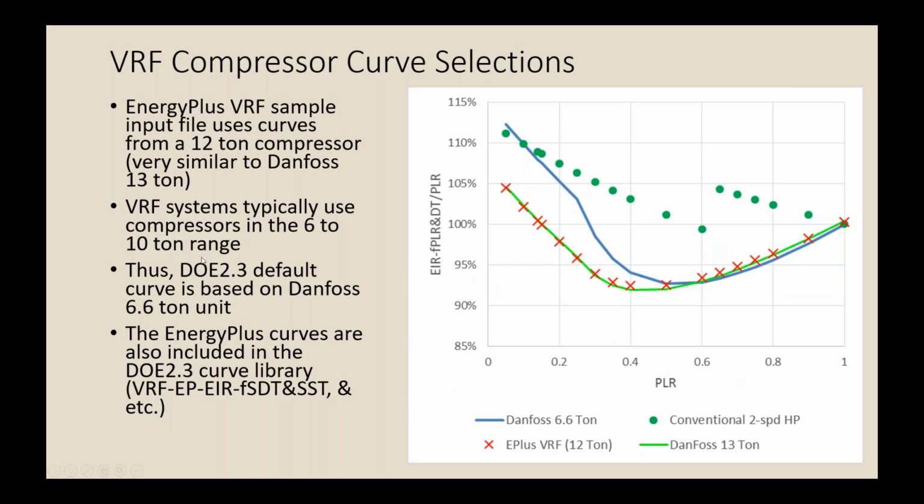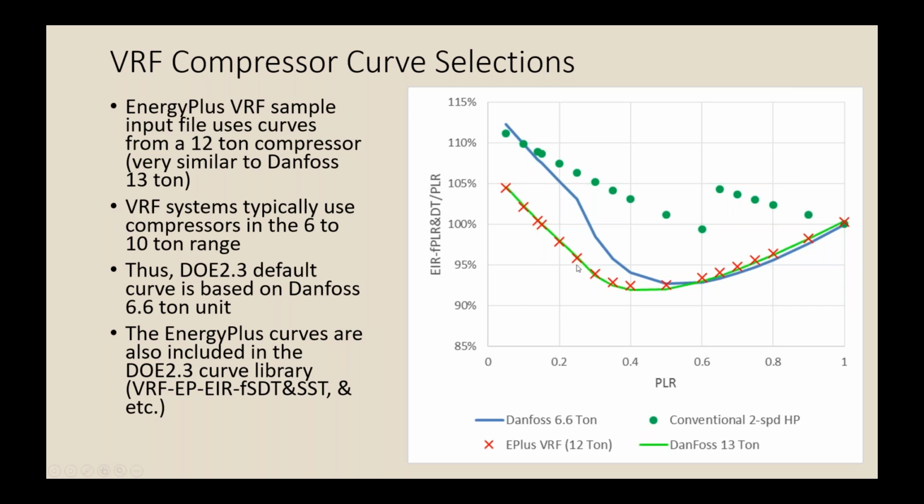This is looking at a couple of different compressor curves and also comparing to a cycling compressor in a two-speed heat pump. The cycling compressor in the two-speed heat pump is the dots. And then the red X's and the bright green line are the VRF.